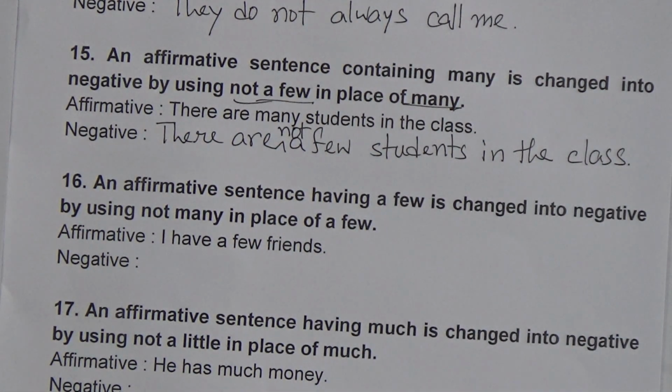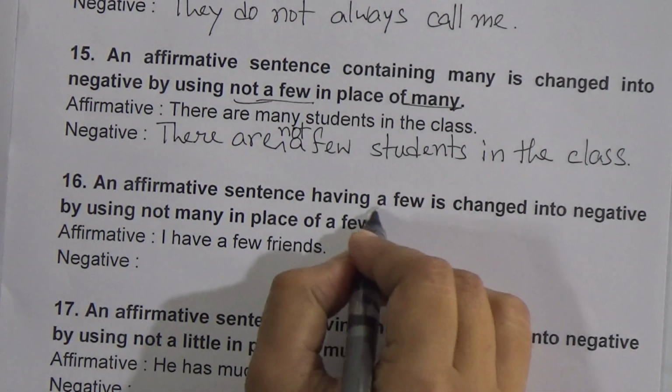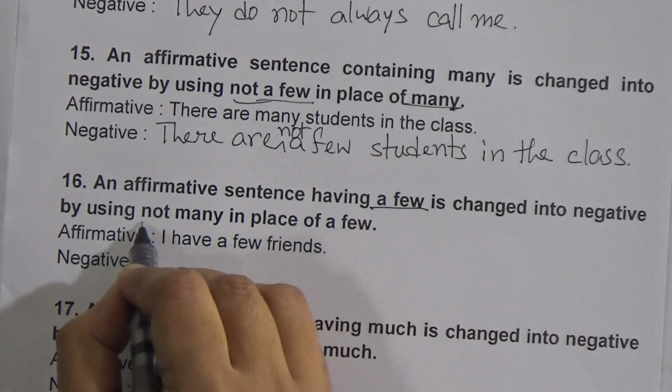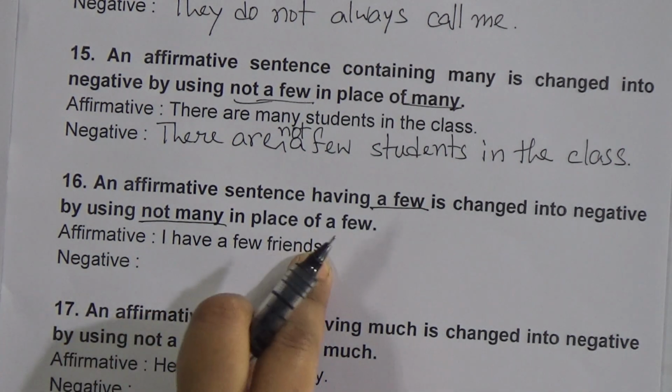Okay. Now next rule, rule number 16: an affirmative sentence having "a few" is changed into negative by using "not many" in place of "a few." So if you find "a few," you will write "not many" in place of "a few." So there is the example: I have a few friends.